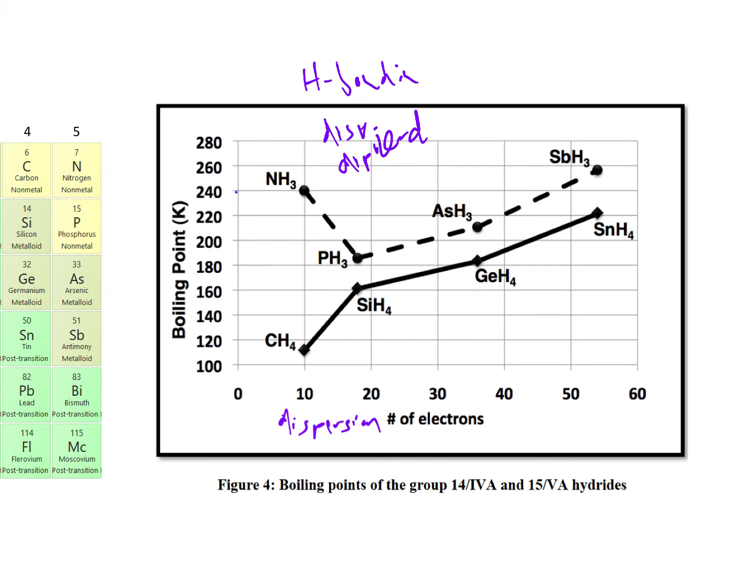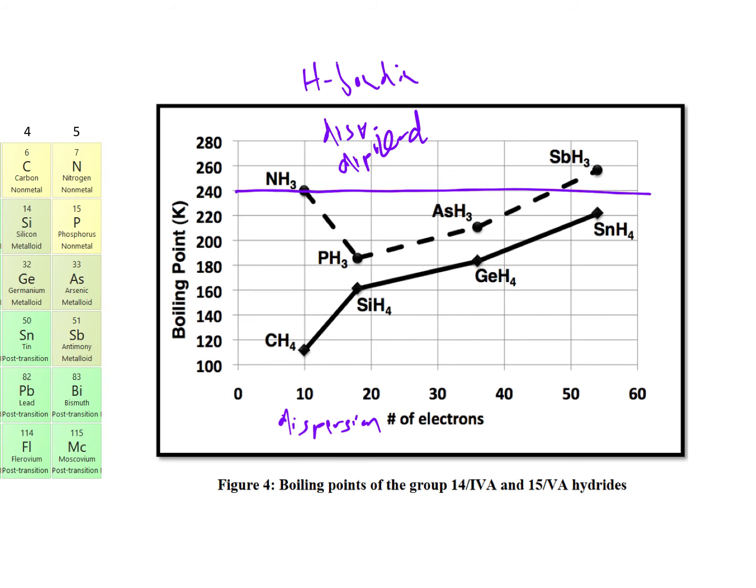We're going to draw a line here. So the ammonia boiling point is somewhere around 240 Kelvin. Our antimony hydride has a boiling point above that. Maybe almost 260 Kelvin.